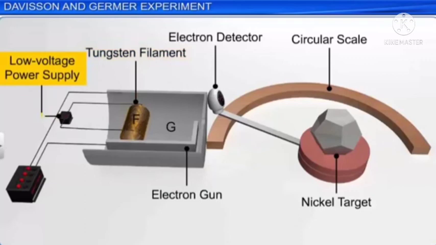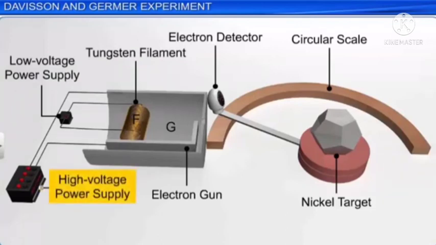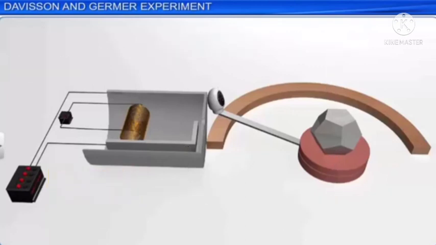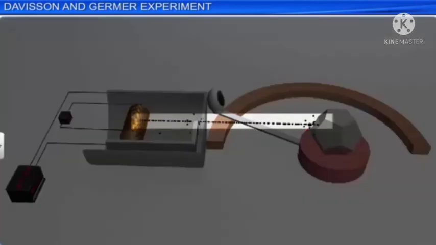Electrons are emitted by the filament, and these are accelerated at a desired velocity by applying a suitable voltage from a high voltage power supply. The electrons thus emitted are passed through a cylinder with a pinhole along its axis, producing a fine collimated beam.